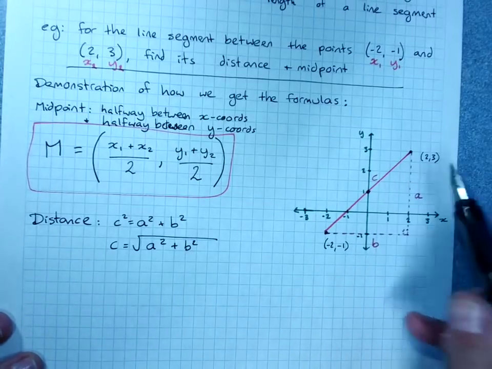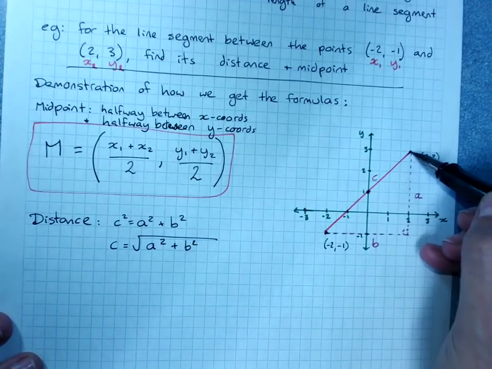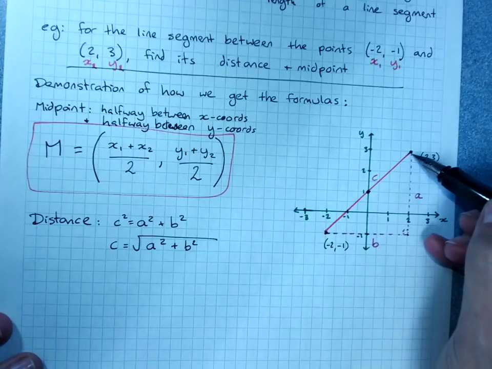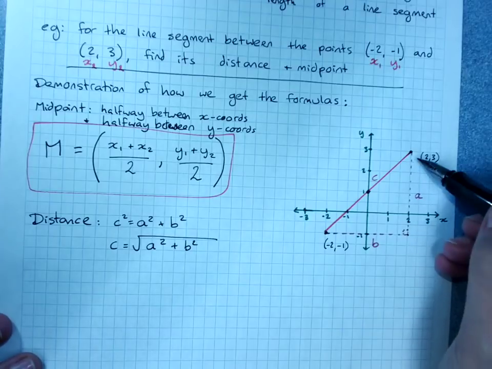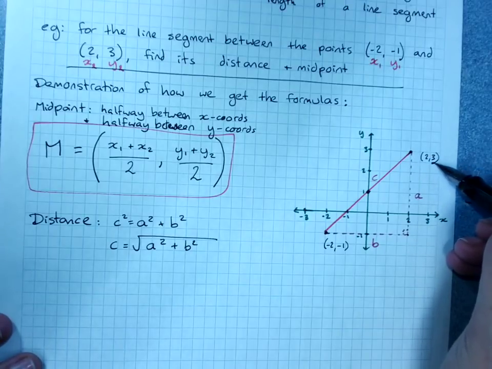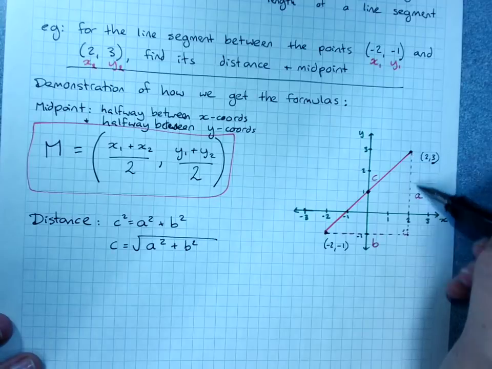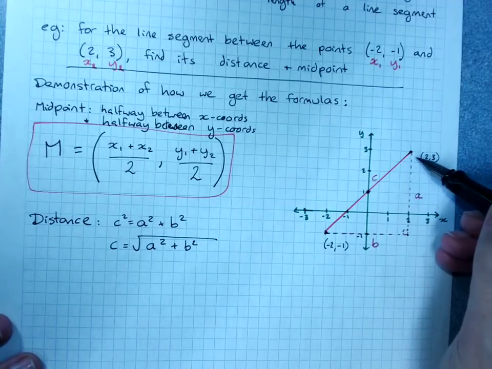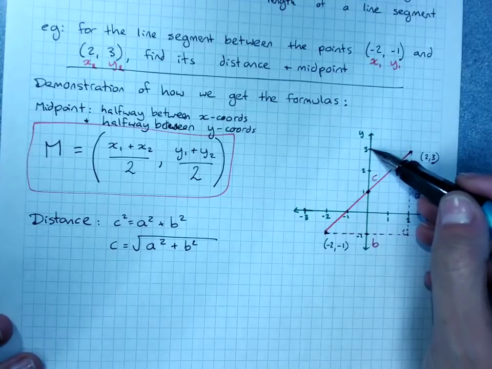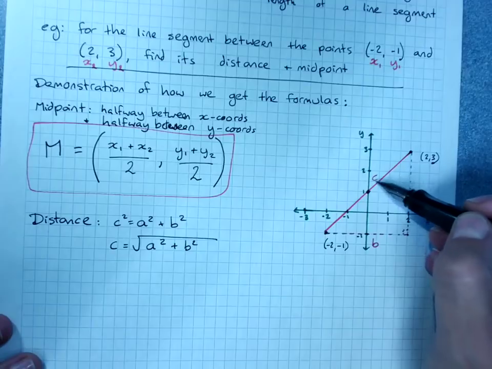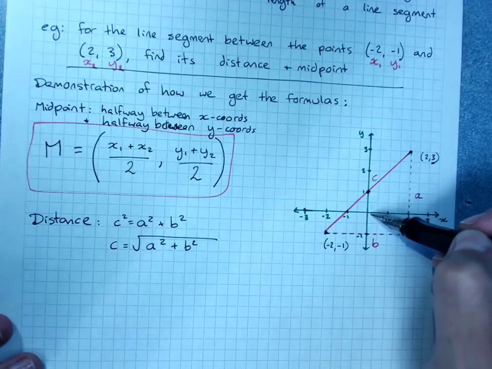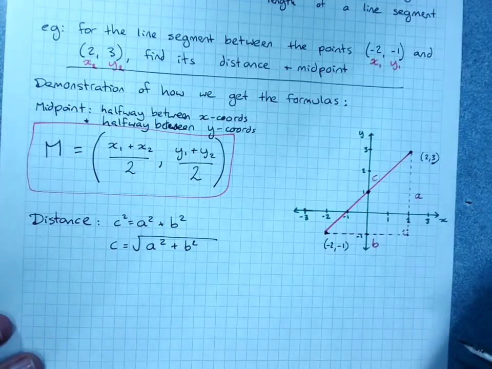Now to get the change in the distance on the y side, I have 3 on the y over here and negative 1 down here, and I quite obviously need the difference between those. 3 take away negative 1 will be add 1, I'll get a distance of 4.